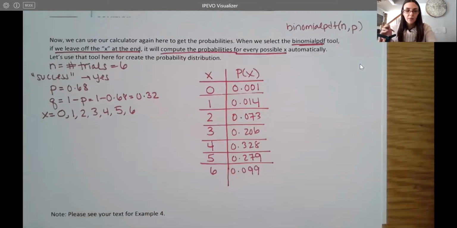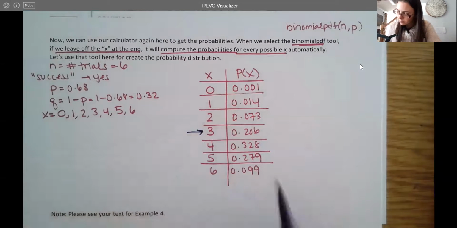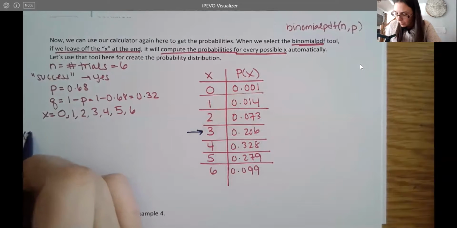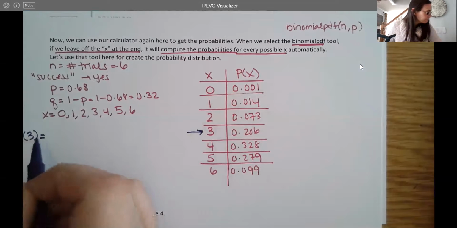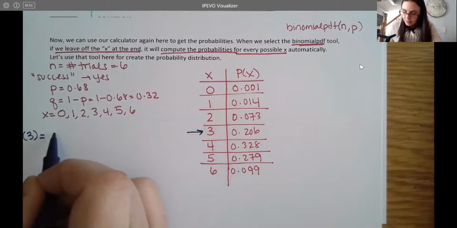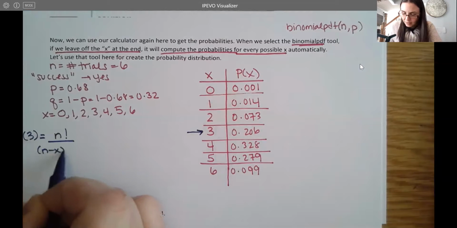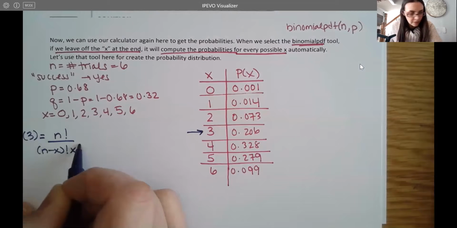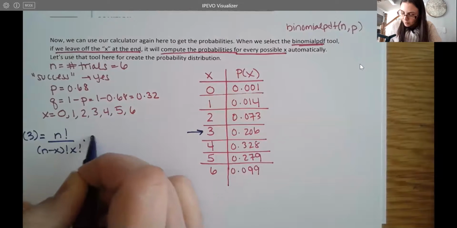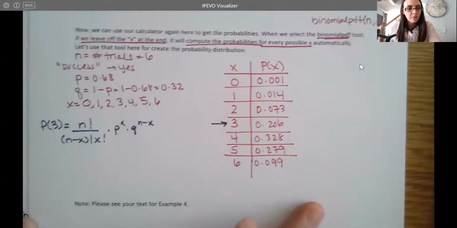Now I'll do the formula one more time just so we can see one last example with it. So why don't we do this one by hand? So I'll do P of 3 by hand here. Okay. So my formula there, it was n factorial over n minus x factorial times p to the x times q to the n minus x.